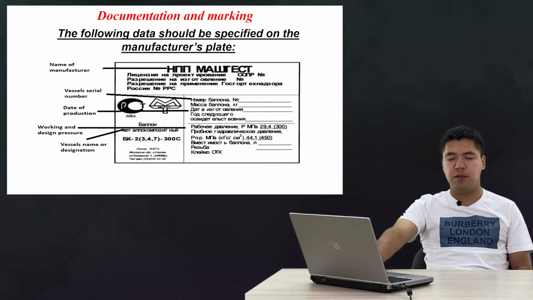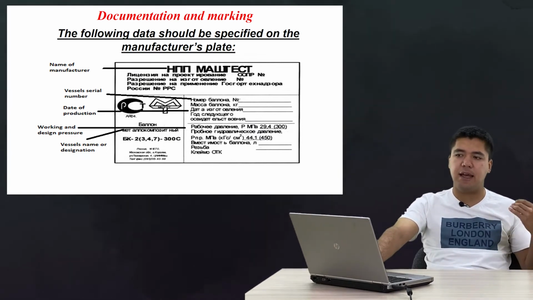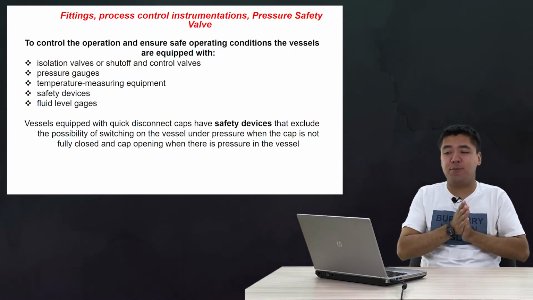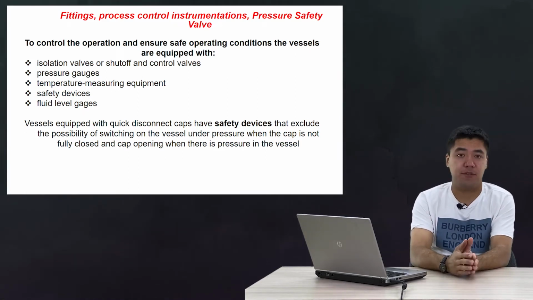So you see here some requirements for the documents like passport, technical schemes, and a label, which should go together with any pressure vessel. I'm ready. Next part is about fittings, process control instrumentation, pressure safety valves.